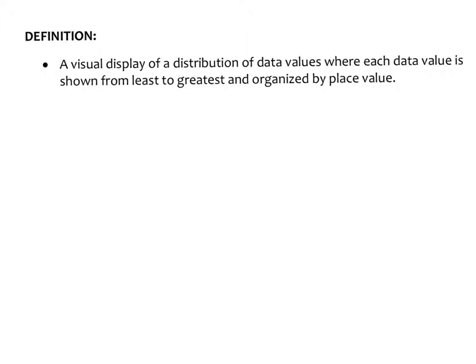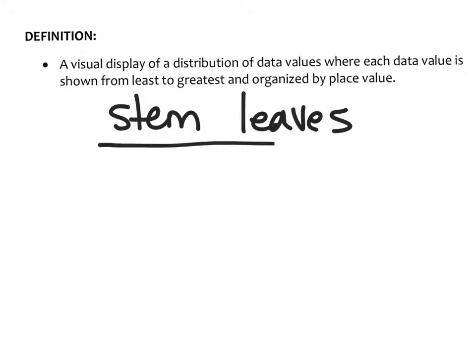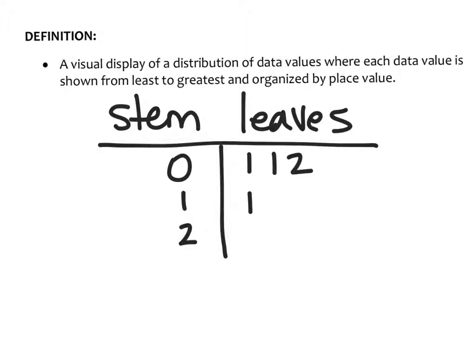Let's go ahead and wrap up this lesson. I told you from the beginning that a stem and leaf plot can be used to display a distribution of data where the stems represent the tens place, while the leaves represent the ones place.